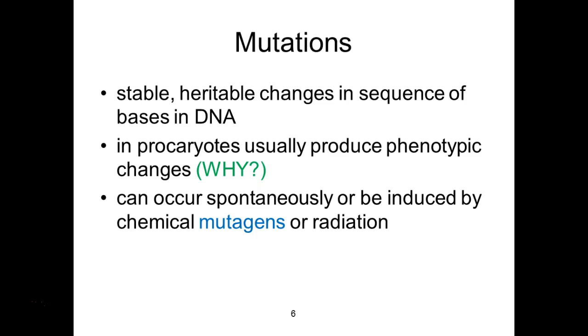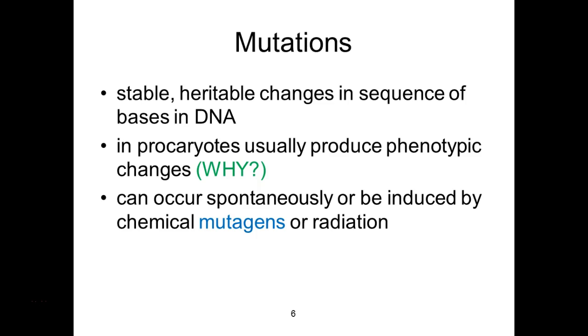Why? Well, first of all, what is a phenotype? So genotype is the code, right, in the back? Yes. Your phenotype is the physical expression of that genetic information, right? Your genotype is the actual code, the A's, G's, T's, and C's.